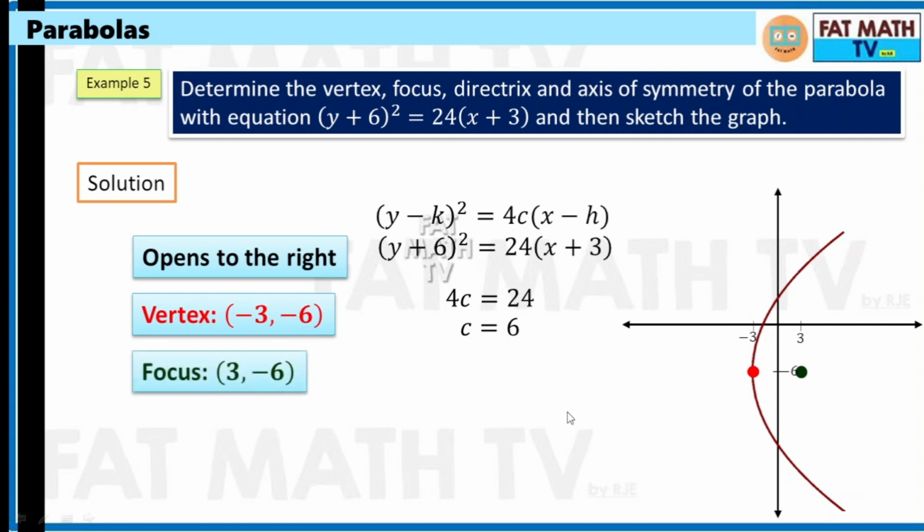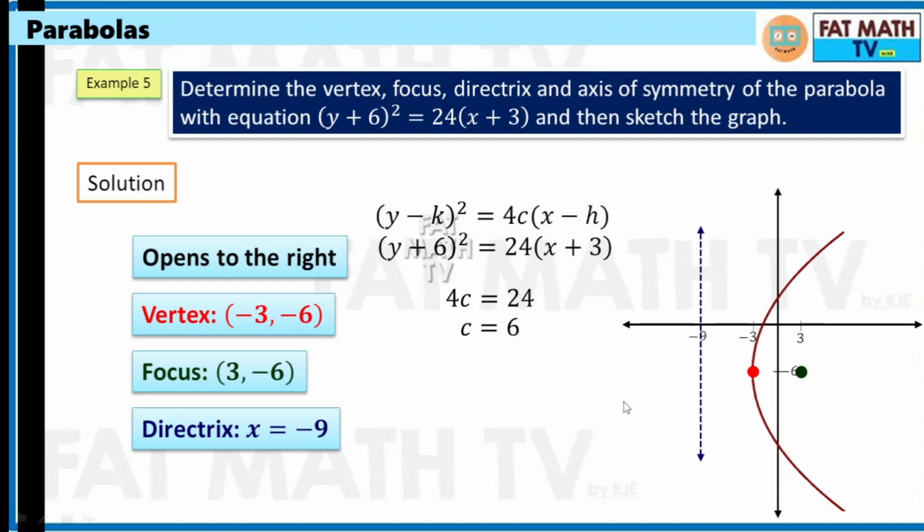So we have (3, -6). For the directrix, you have to move 6 units to the left. 6 units to the left of negative 3 is negative 3 minus 6, that is negative 9. And the line x = -9 is the directrix.